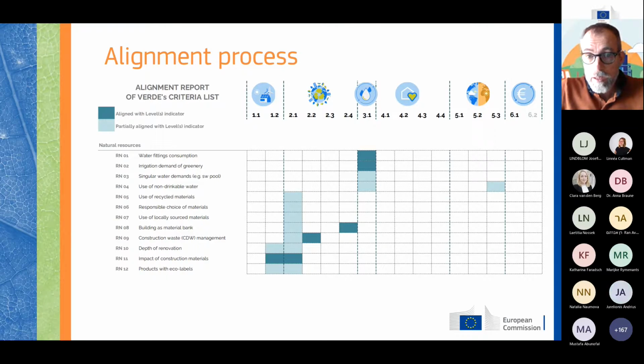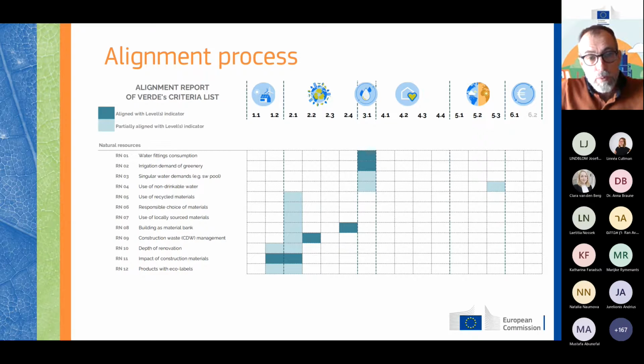In the same sense, some time ago we included an alignment report with the SDGs, the Sustainable Development Goals. As part of this philosophy of a constantly updated and living tool, Verde also participated in the levels evaluation phase. And once the first version of levels was released, Verde has been adapted to be mostly aligned with levels criteria and indicators.